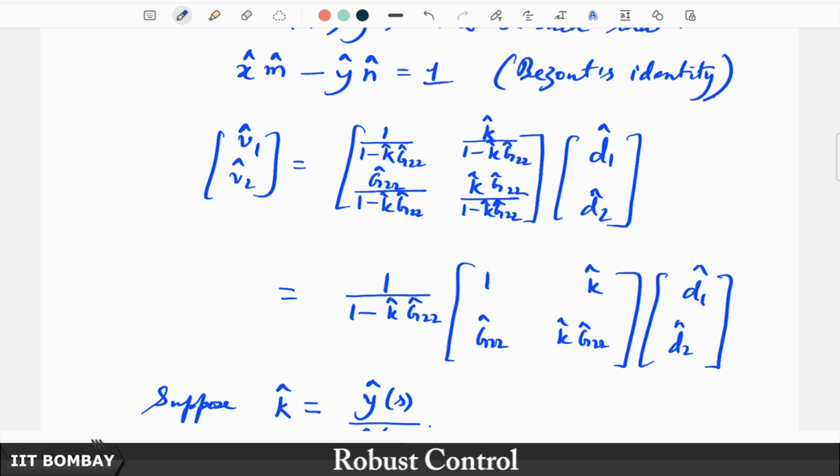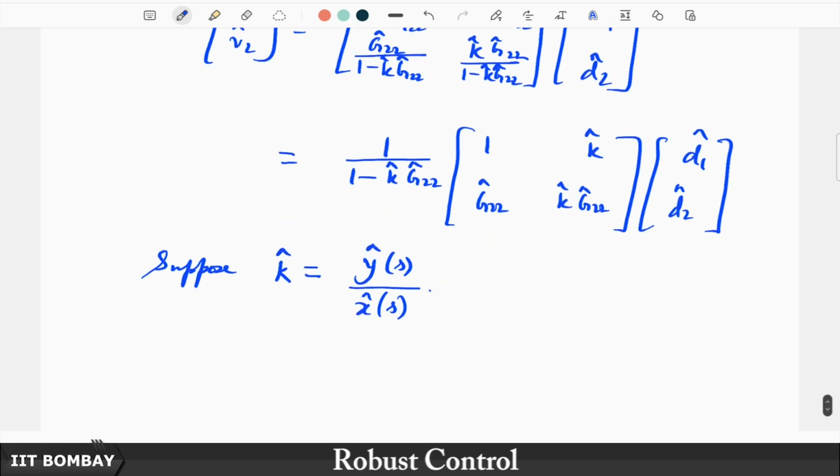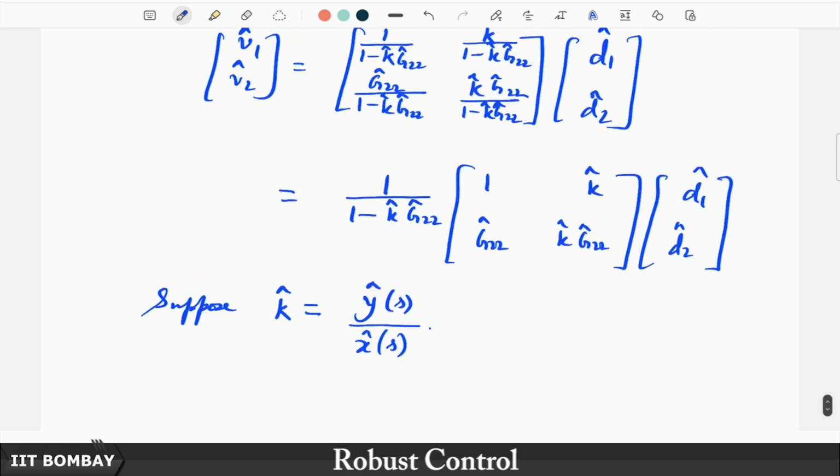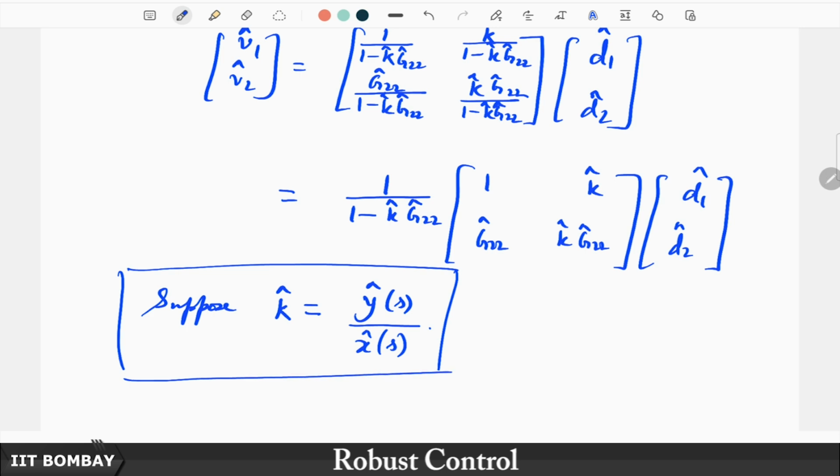If each component of this transfer function is indeed going to be stable, then what sort of a controller will do that? And I am proposing that this is the controller that does the trick. Once you have understood this, you would know exactly what to look for in the multivariable case.